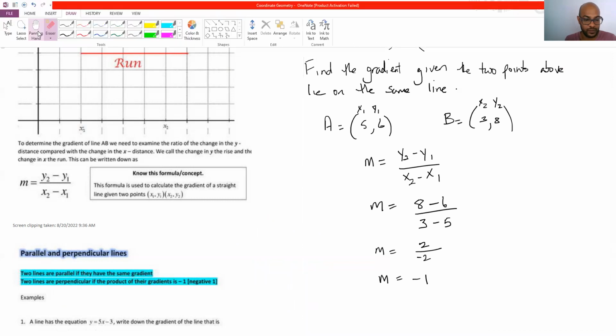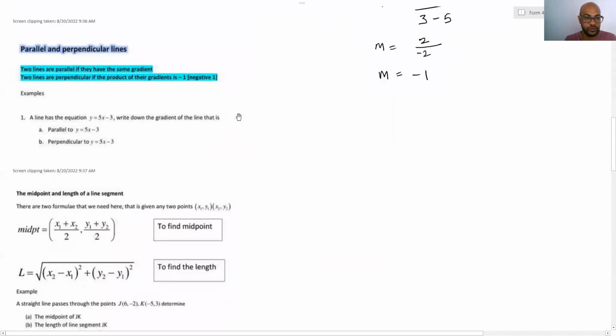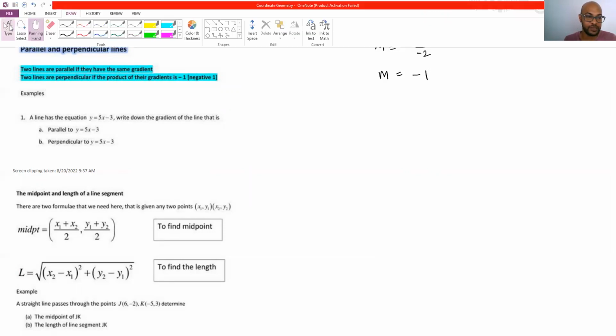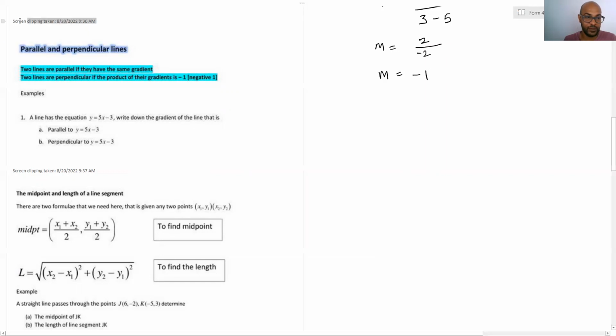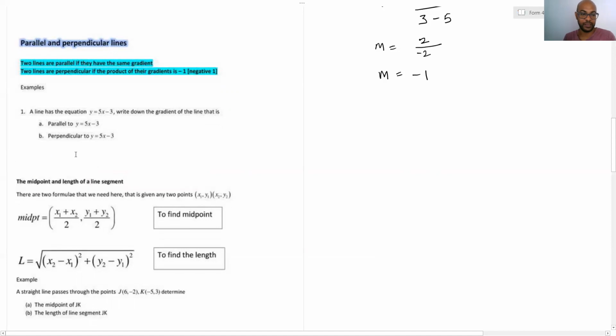Two lines are parallel if they have the same gradient, and two lines are perpendicular if the product of the gradients is equal to -1. For the product to be equal to -1, the gradients are reciprocals of each other, meaning that if one line has a gradient of 5, then in order for another line to be perpendicular to it, the gradient of that other line is going to be -1/5. We flip it and we change the sign.